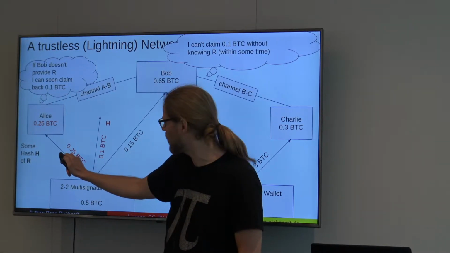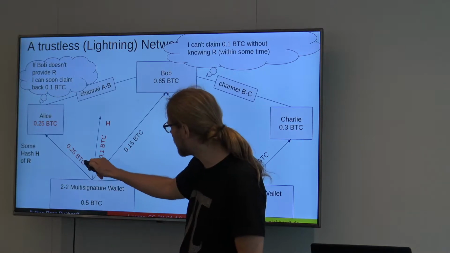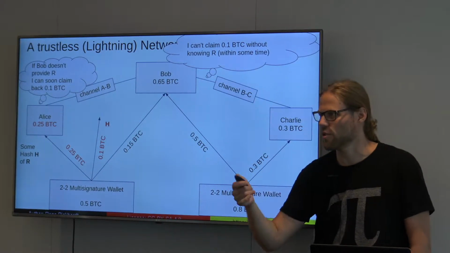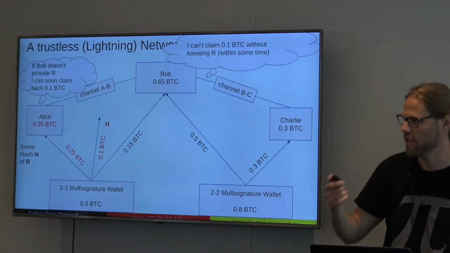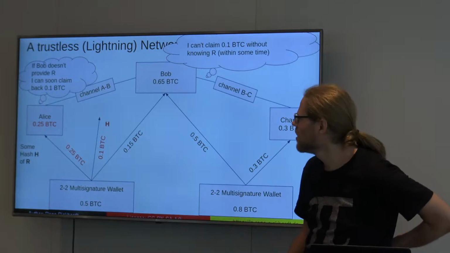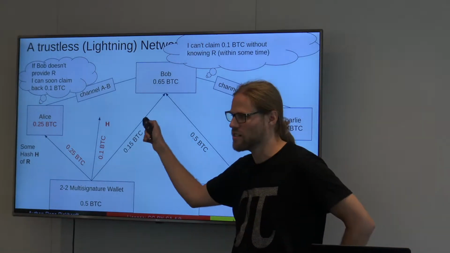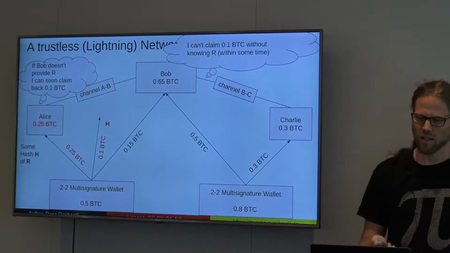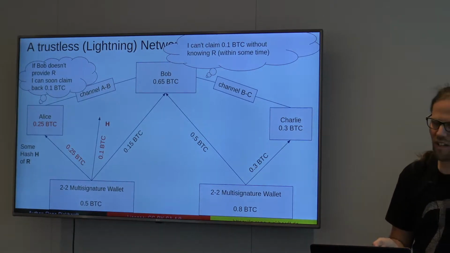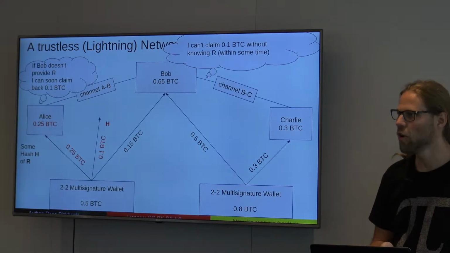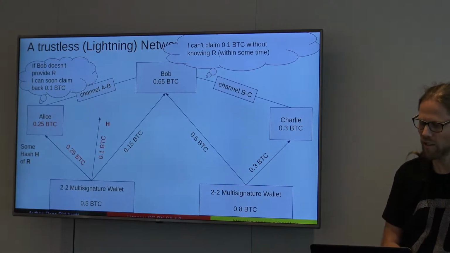Before she had 0.35 Bitcoin in here, and now there's this 0.1 Bitcoin that is pointing to this payment hash, or to a script that, when you reveal the pre-image to this hash, any person can claim, right? And Bob still has the old output, right? And Alice thinks, well, if Bob doesn't provide R after the time lock, I can just claim the money back. So no big risk for Alice at this point.